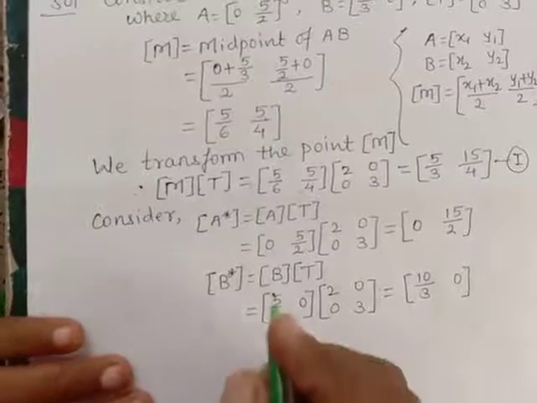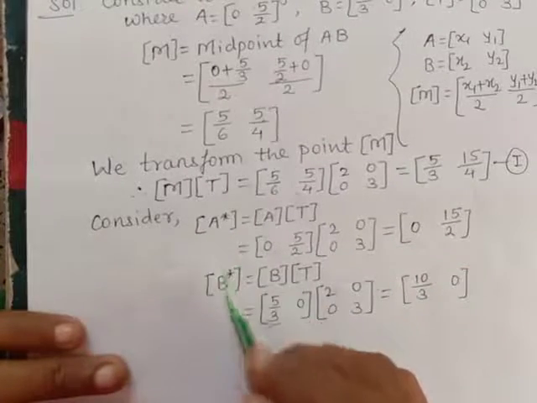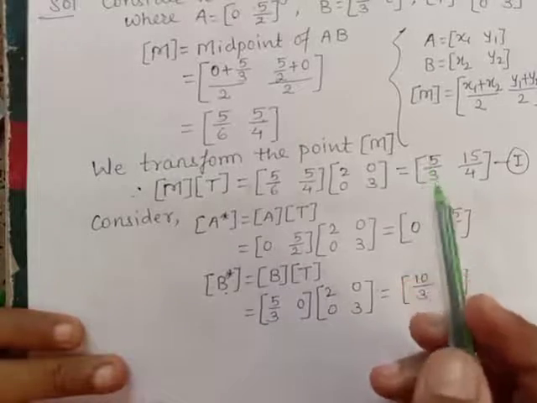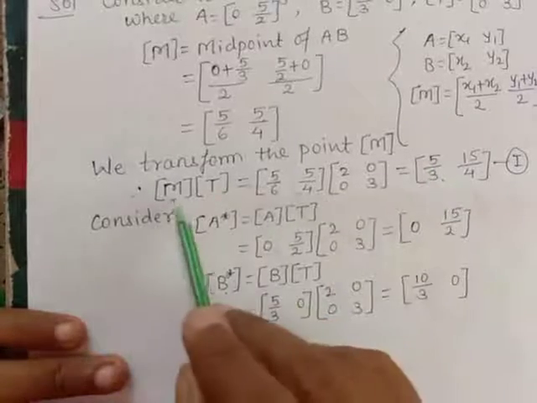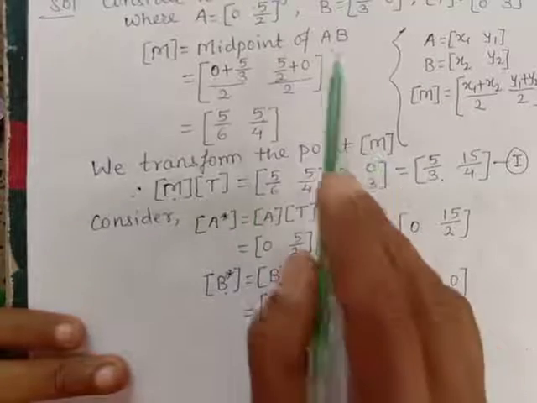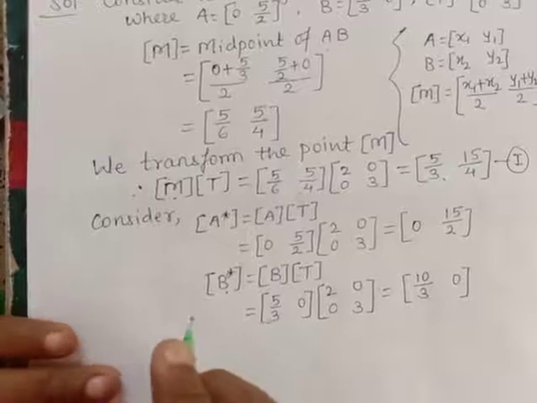Now let's obtain the midpoint of A star and B star. If it is the same as the transformed point of the midpoint of AB, then we are through.